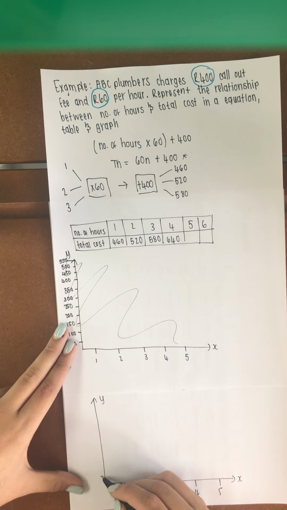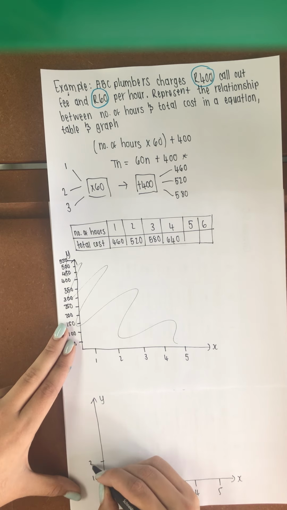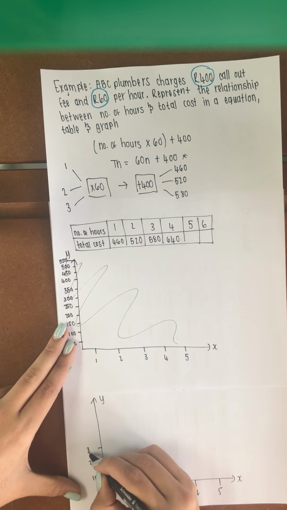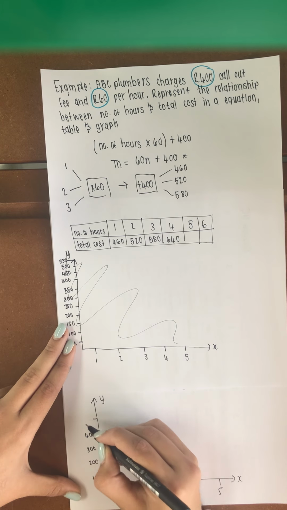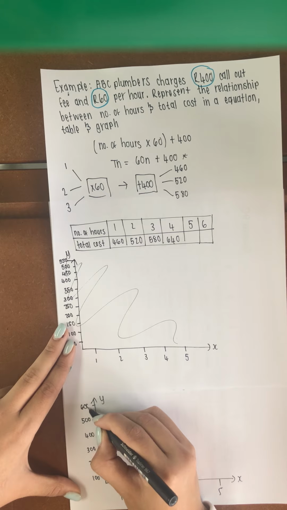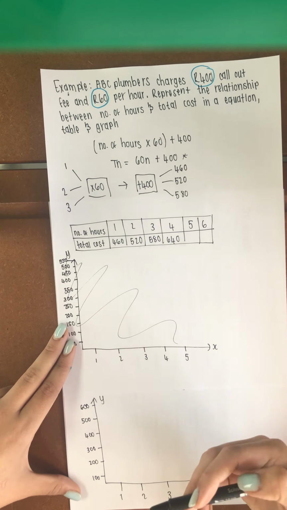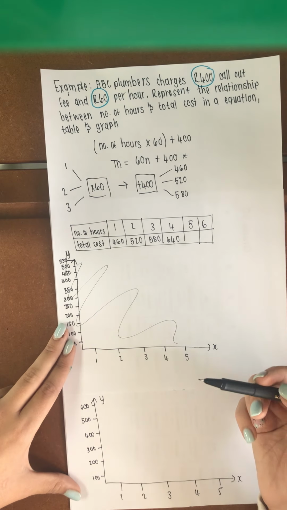Y is, I'm going to do it in hundreds. So 100, 200, 300, 400, and then 500 and 600. Okay, so this is an excellent example. If you draw a graph and you see that this isn't big enough, you can always change it.